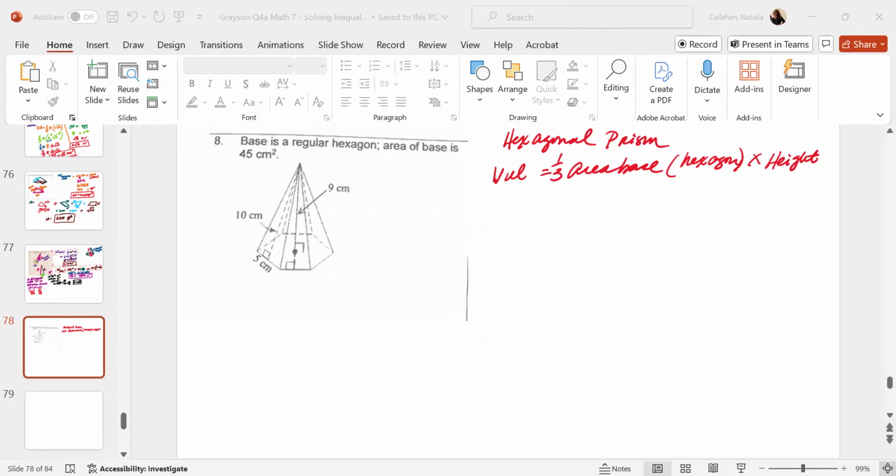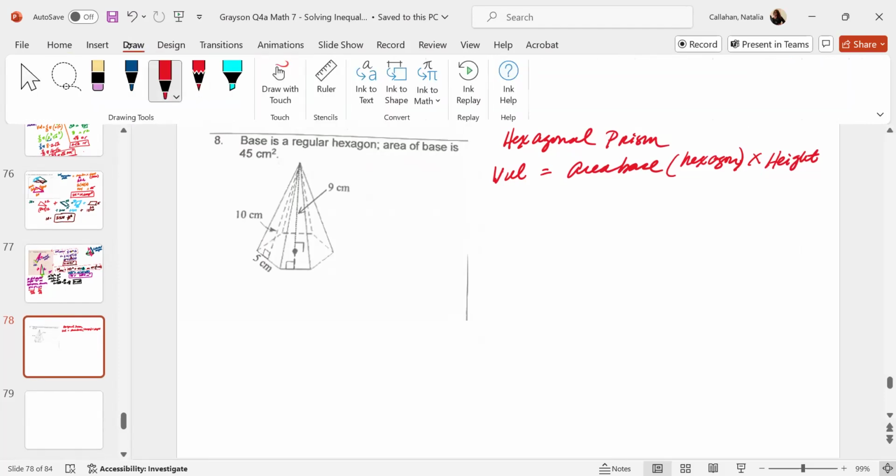So we're just gonna use area of the base times height, okay? All right, so looking at this part right here, if the area of the base is 45, right? What do I replace this with? Isn't this given? Which is what? Times, what's the height?